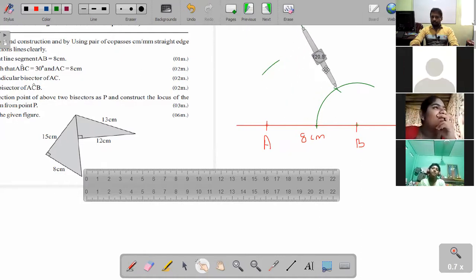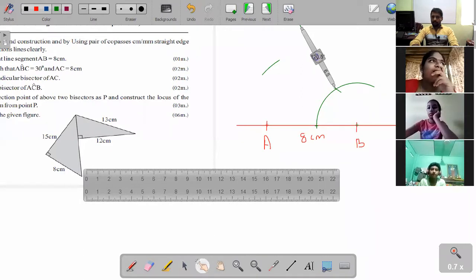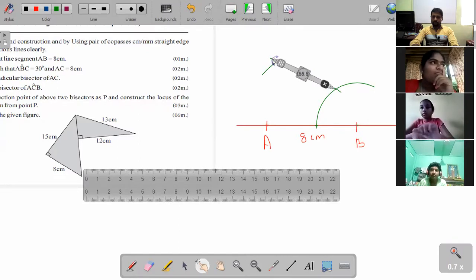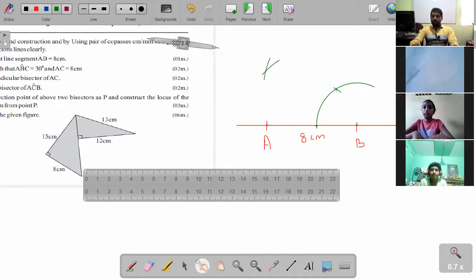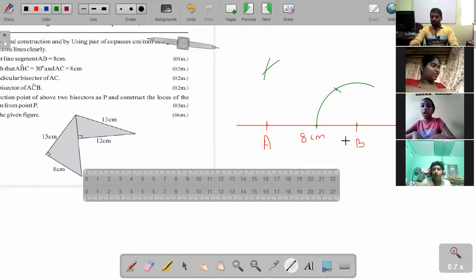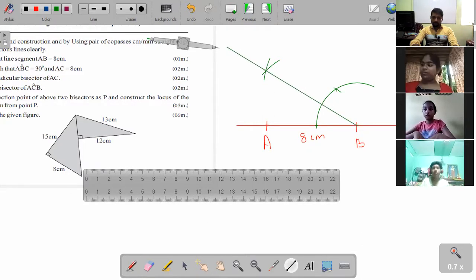Again, you keep the metal point here and intersect the previous arc. Then you join this intersecting point and the vertex B. This angle is 30 degrees. You have to write it, okay? 30 degrees.